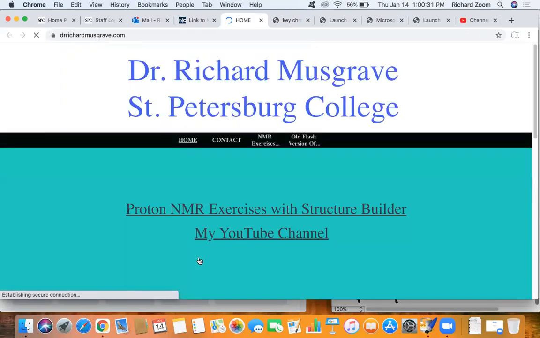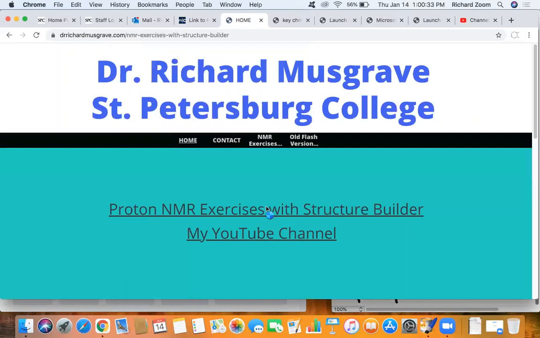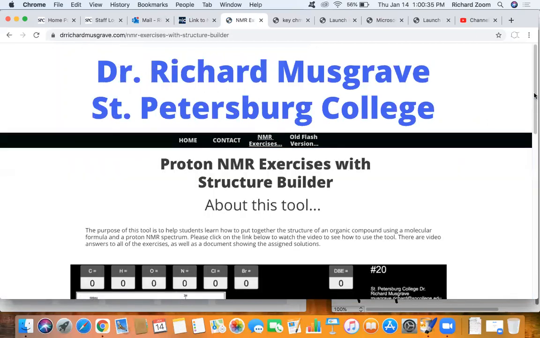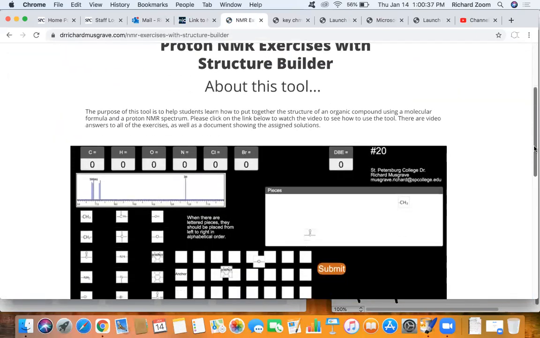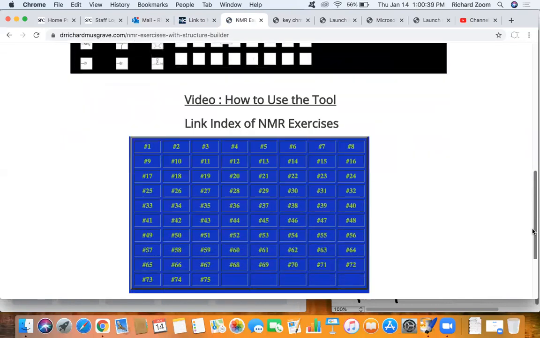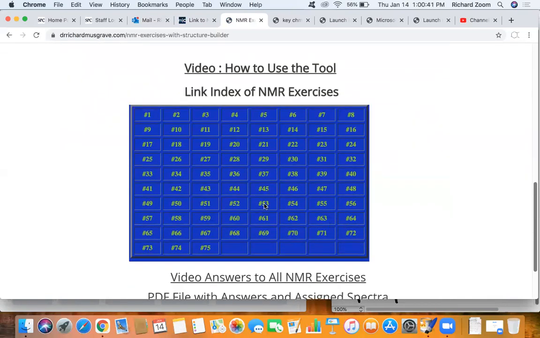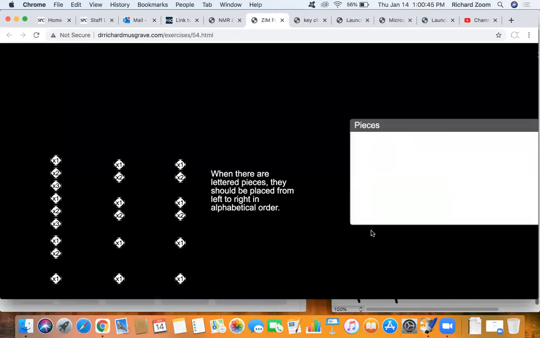It's a JavaScript program, and you can link to that through that folder. And there's 75 examples. I'm just going to pick one here. You've got to wait a little bit for it to load up. But yeah, I wrote this in JavaScript. It takes a little while to load up.